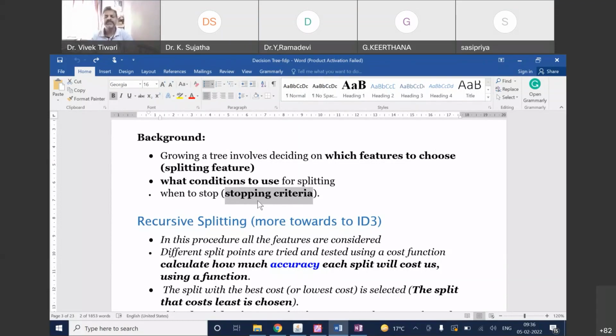Try to recall any iterative algorithm, like creating the Fibonacci series or factorial through recursion. When using recursion, you always define the stopping criteria. Similarly, tree induction is also a recursive process, so you have to define the stopping criteria. I will discuss some of the stopping criteria, which is under the scope of that discussion.